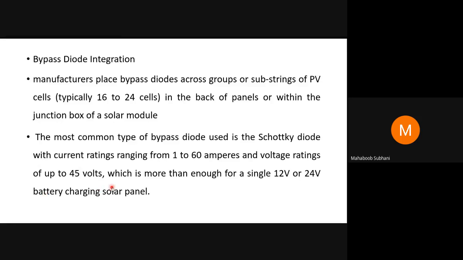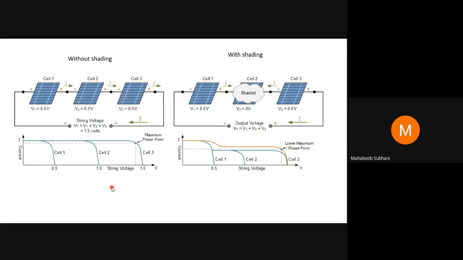So this is how we minimize the losses which occur when solar cells get shaded, and how the diodes are integrated in a solar panel.